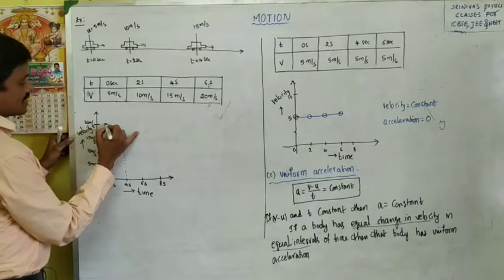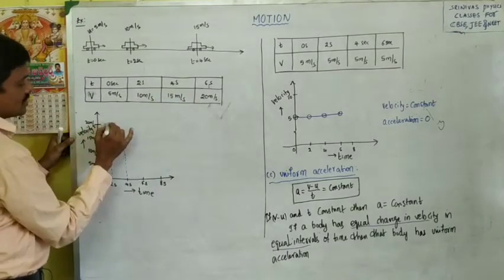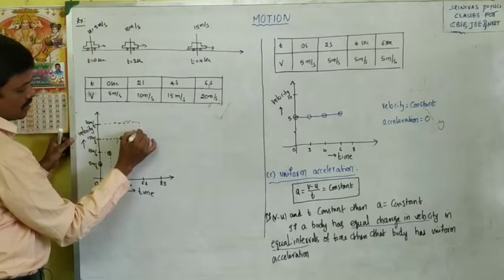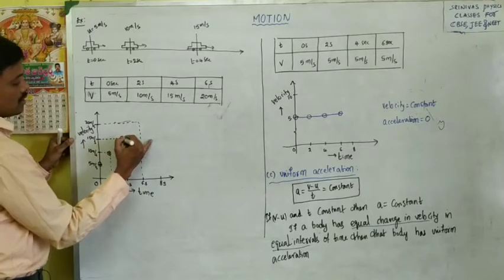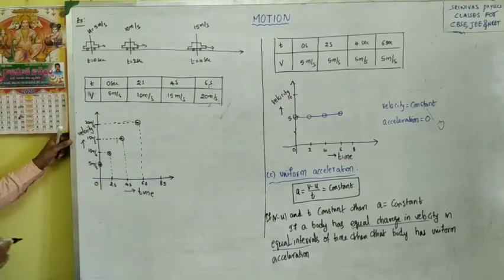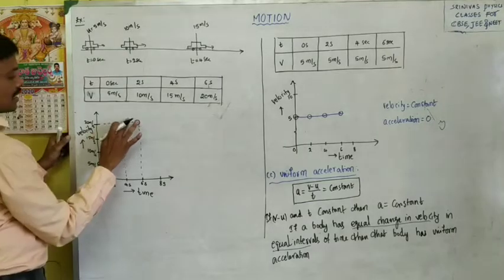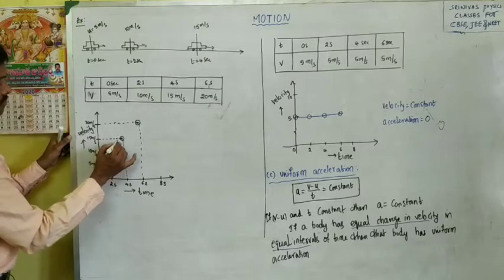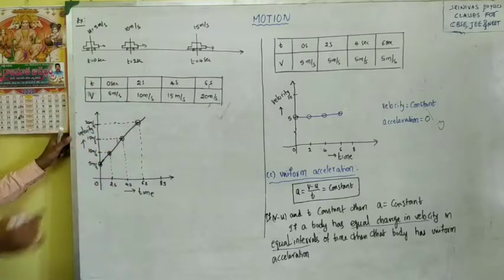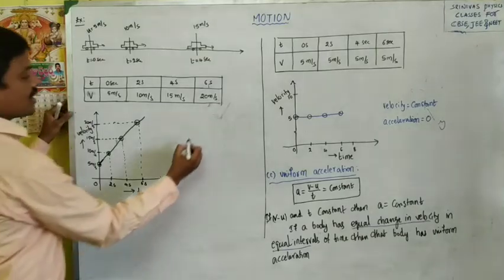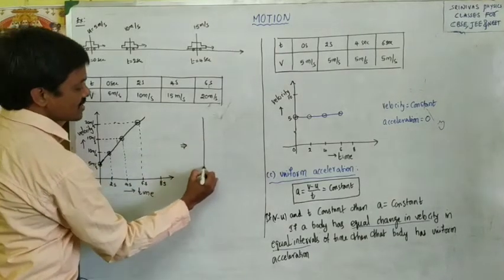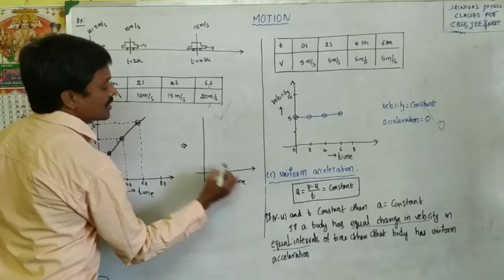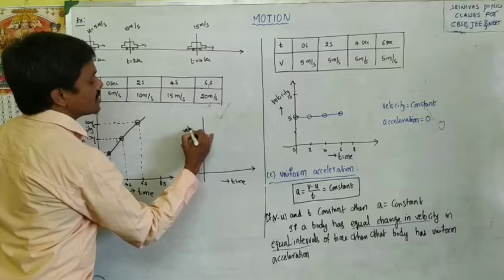And at 6 seconds, what is the velocity? Yes. Now let us join all these points. This is the graph. How do you get the graph? You simply draw it like this. This is time and this is velocity.